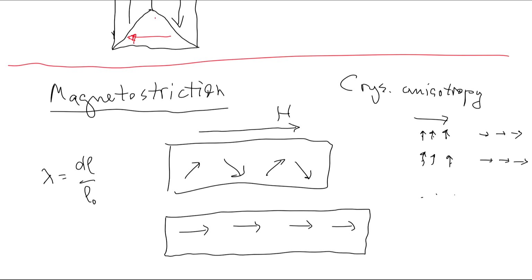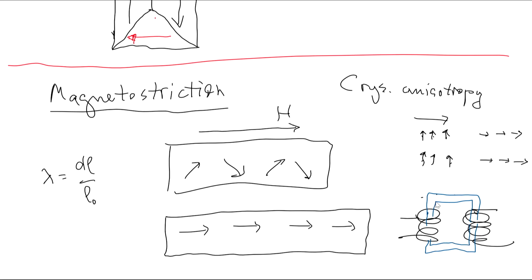That humming noise comes from magnetostriction, because a transformer has coil 1, coil 2, and there is a common core, the transformer core. I draw it schematically, but it is thick, okay, let me draw it thicker. It's made of transformer steel.